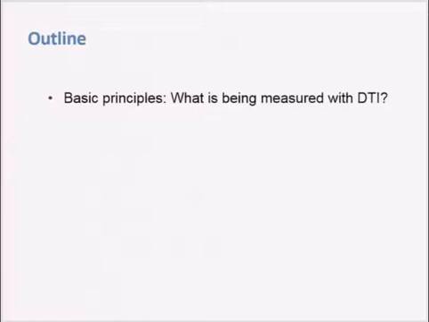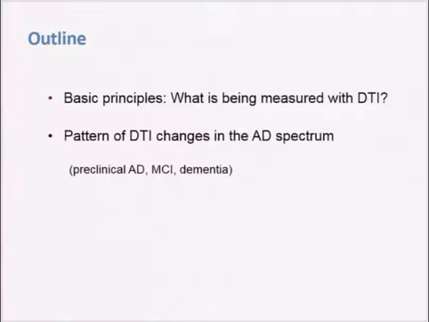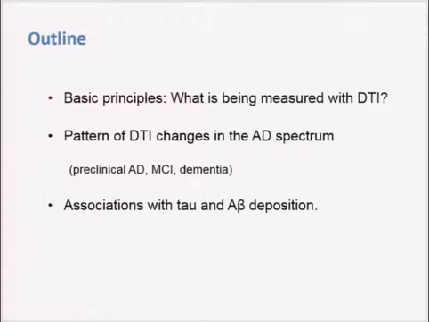Now, I would like to start with an outline of what we will be covering here. First of all, we will be talking about some of the basic principles. I'm sure many of you are familiar with them, but it would be good to go over them before we start discussing more sophisticated analysis with these metrics. And the pattern of diffusion tensor imaging changes in the Alzheimer's disease spectrum, and what I mean by that is the preclinical stage, then the MCI stage and Alzheimer's dementia stage.